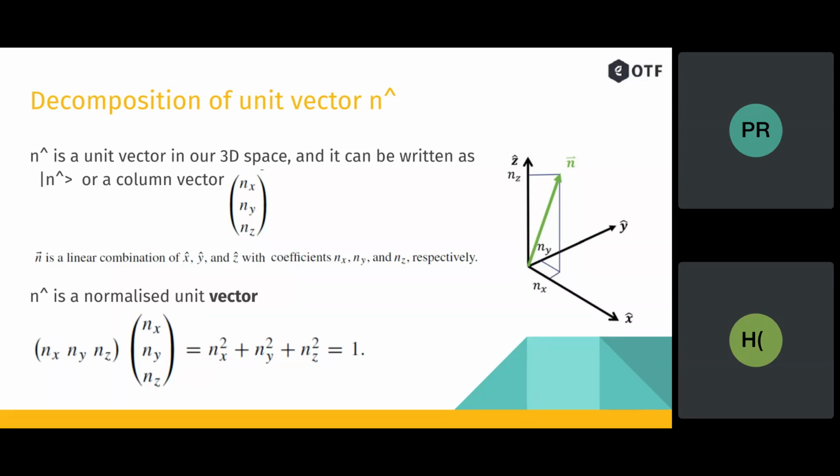So if I have a column vector with coefficients nx, ny, nz, we normalize the vector by this multiplication. The row vector is the transpose of it, rotated anti-clockwise. So nx and ny go into matrix P1. So this is the norm. We have done this.